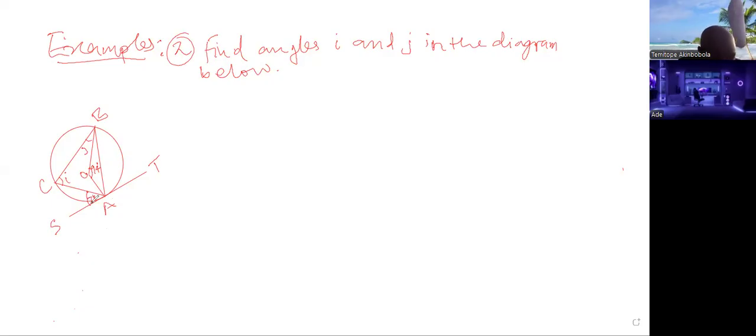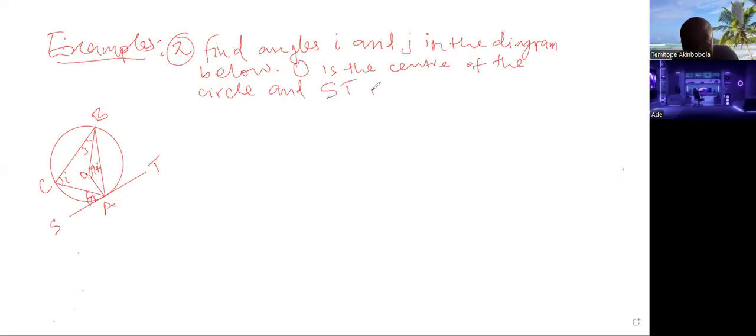So the angle here is 78. O is the center of the circle, and ST is a tangent to the circle.